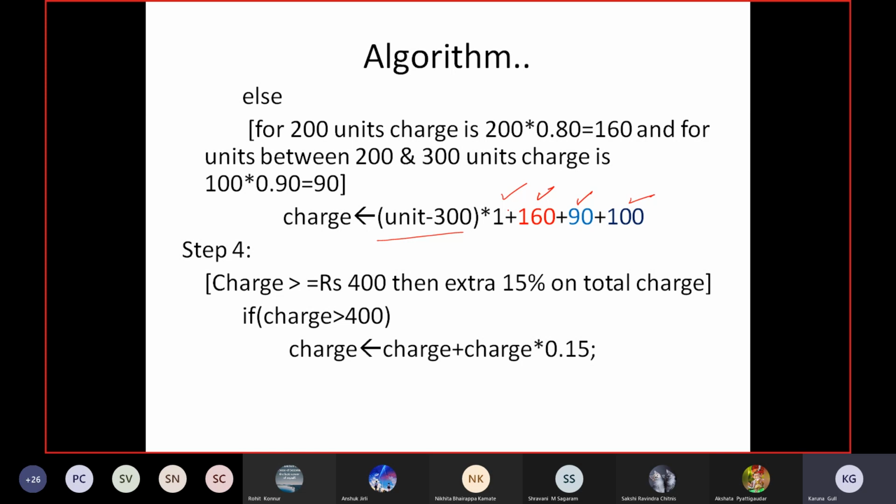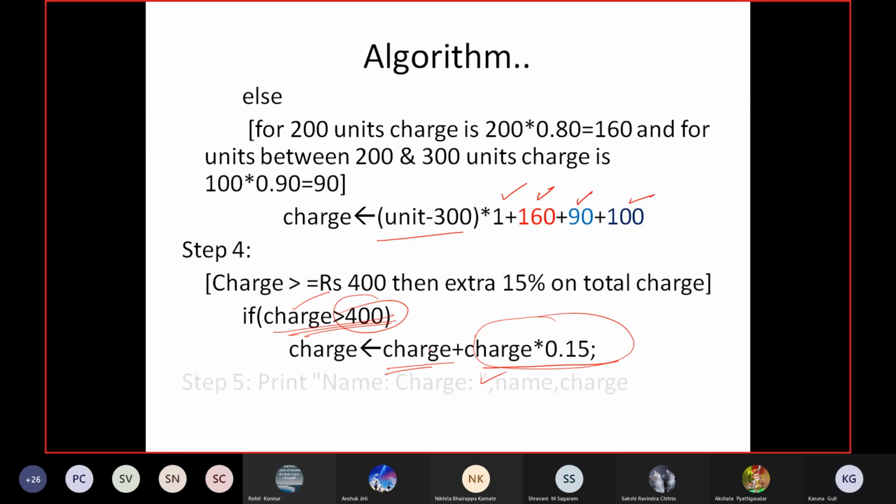This is the extra surcharge that I have to pay when the total amount is greater than 400 rupees. So along with 400 rupees, I have to charge the extra amount here. Is it okay? Yes, ma'am.